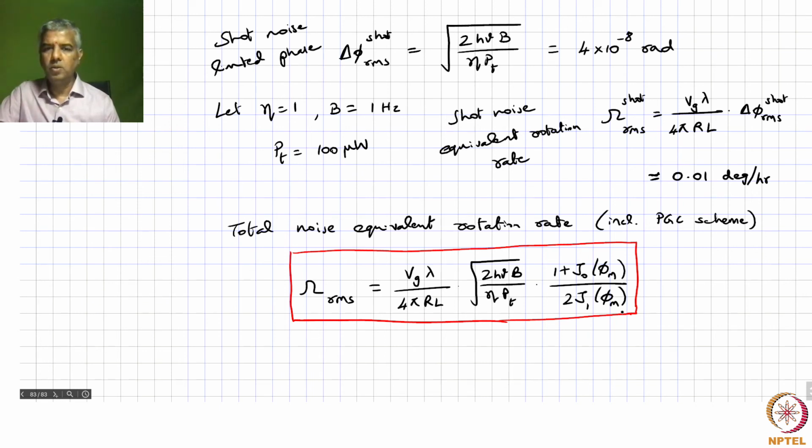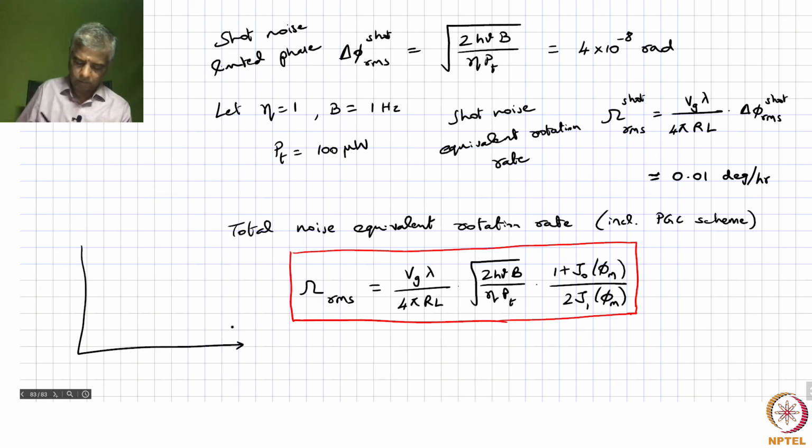So, you want to go to as small a rotation rate as possible for a high performance IFOG, and that essentially means that you need to make this as large as possible. And to do that, you have to look at your Bessel functions, right.